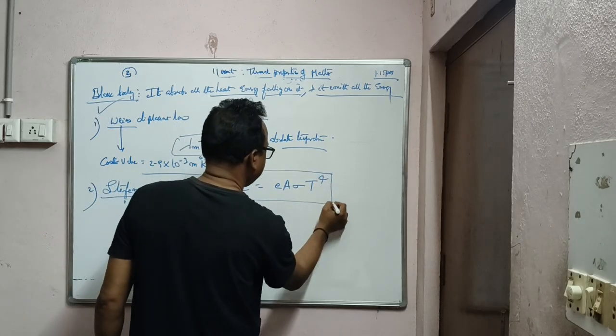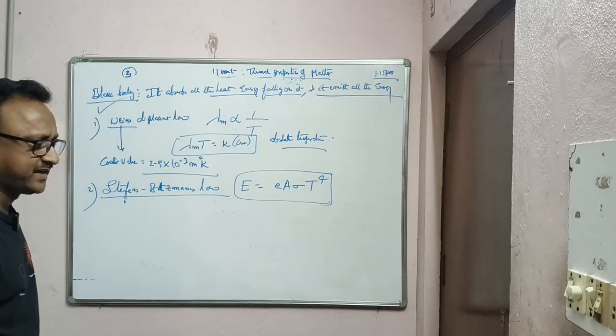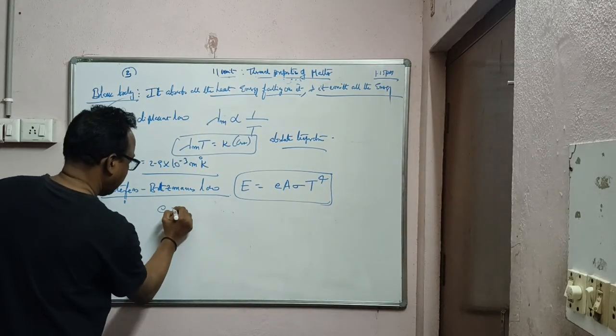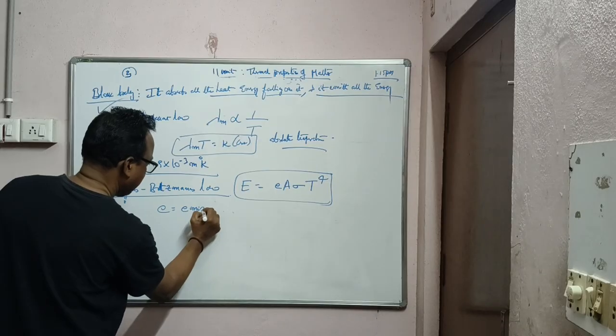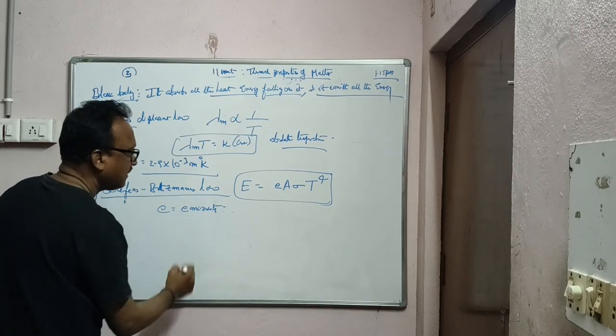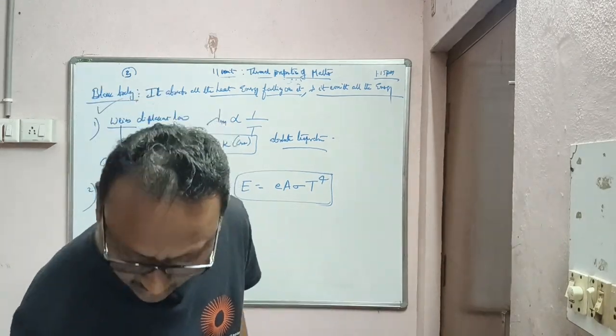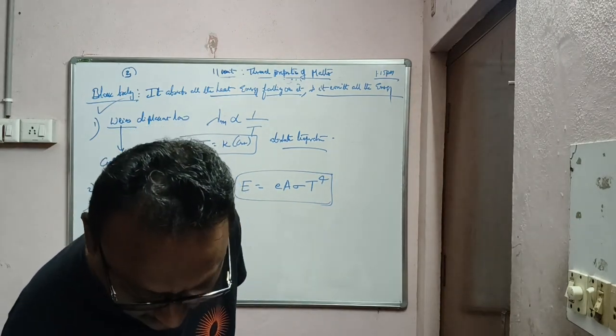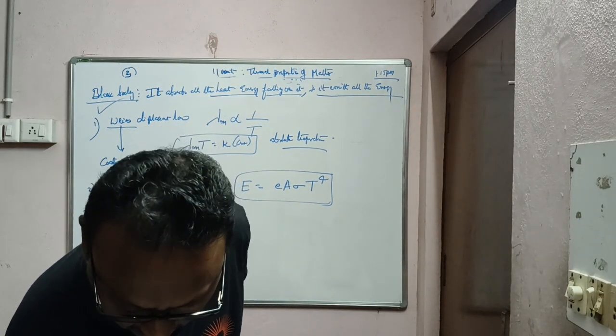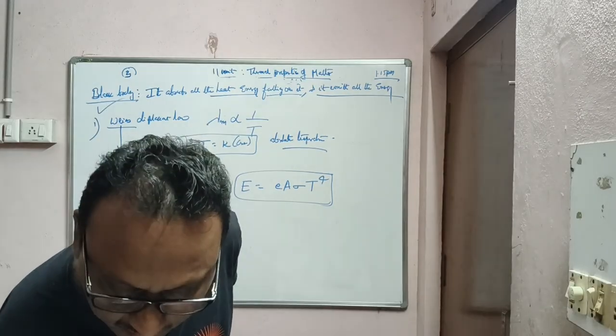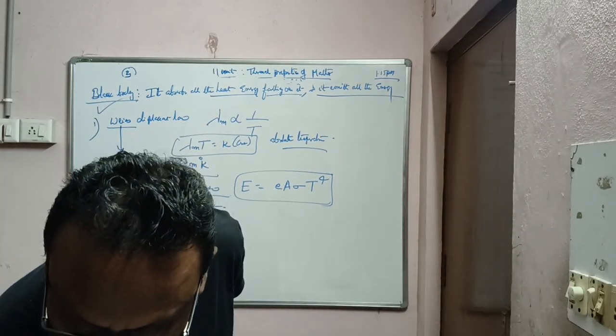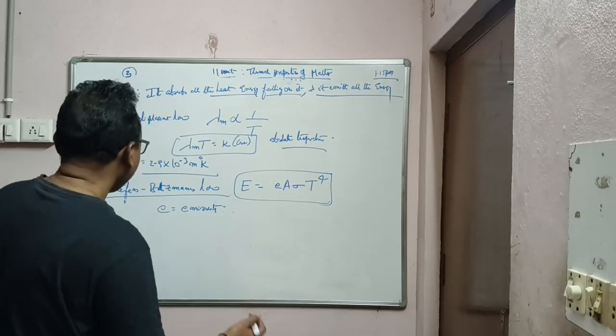Look here, e is called emissivity, and it is taken as 1 for a perfect radiator. Okay, please make a note. The e value is taken as 1 for a perfect radiator.